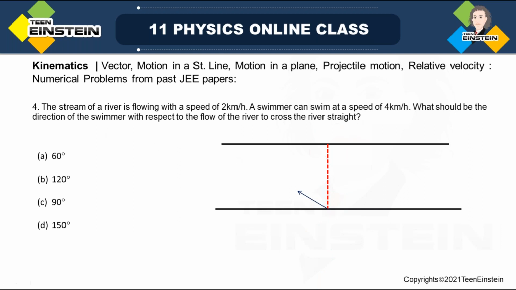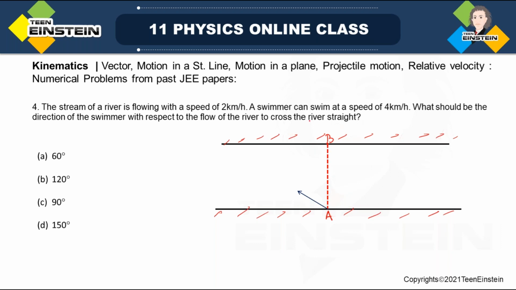So according to this problem, this is a river, suppose, and these are the shore of the river, ground. Okay, and suppose a swimmer is at this particular position, and this is a point B, which is exactly opposite on the other side.